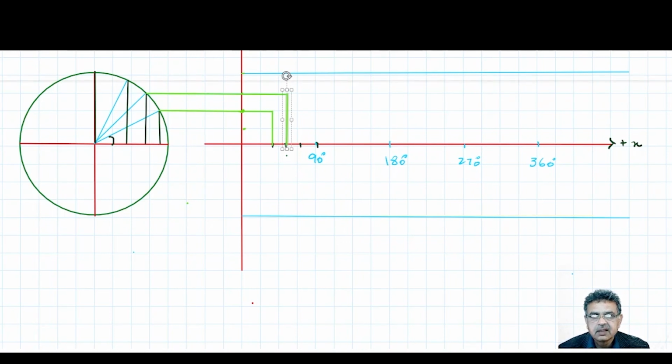And now 60 degrees, this is the value against 60 degrees here, and this is 90 degrees.